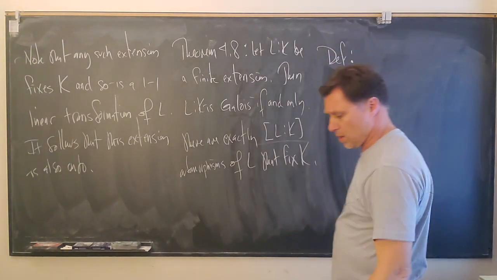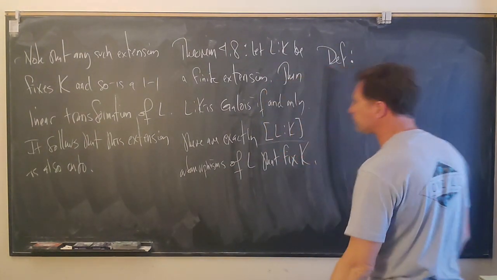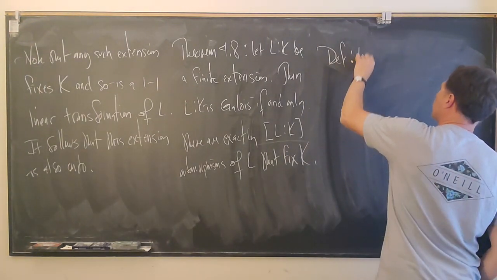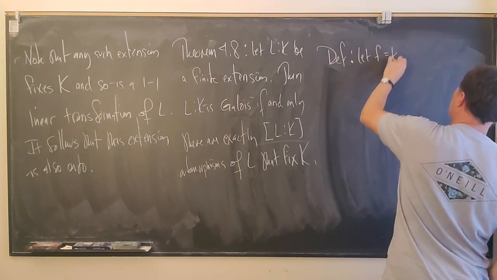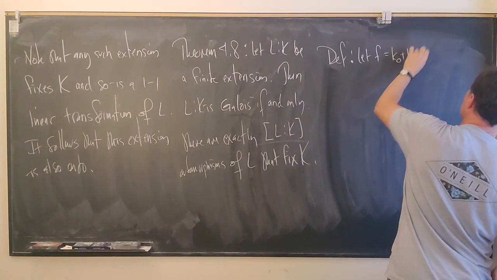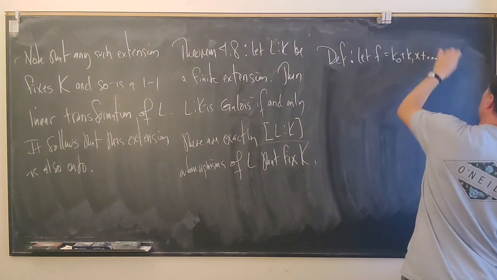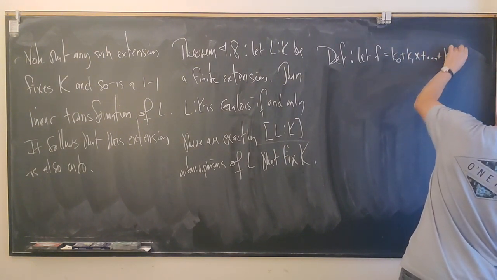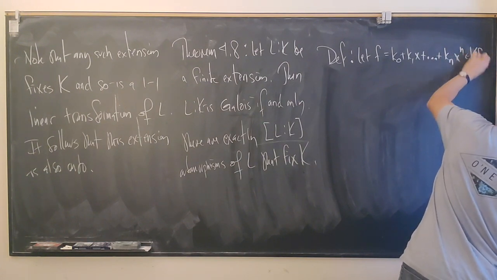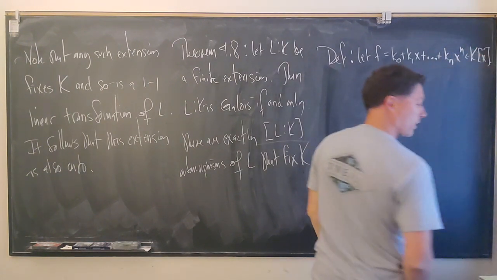I just want to start off with a polynomial. Let f equal k0 plus k1x plus dot dot dot plus k sub n x to the n. It's a polynomial in K bracket x.